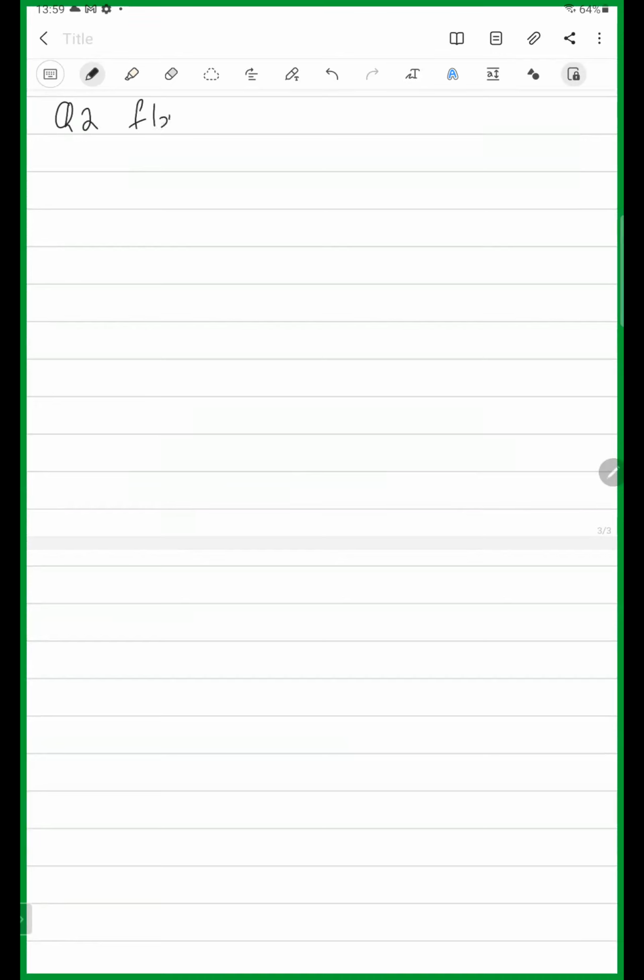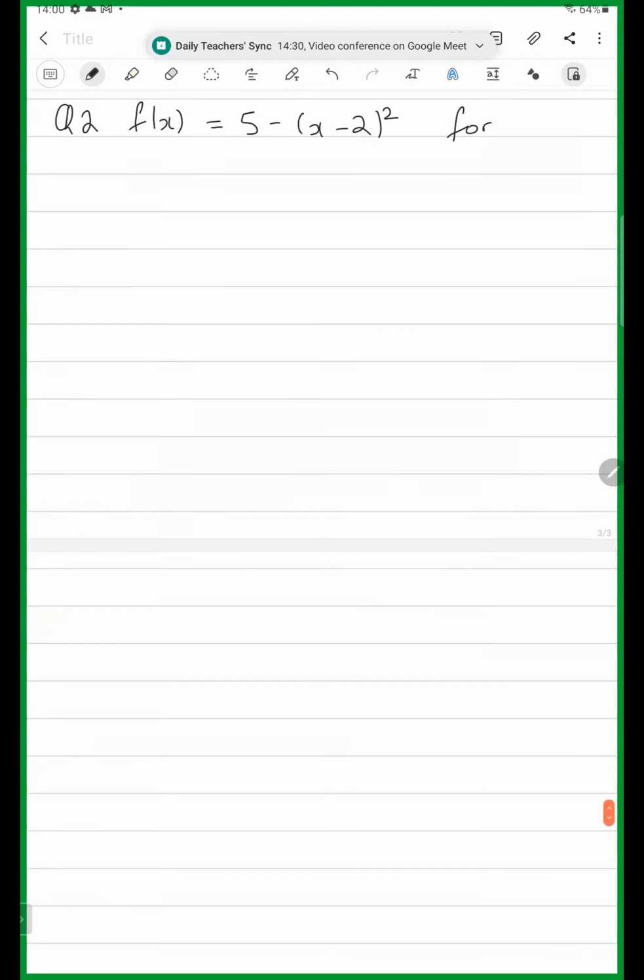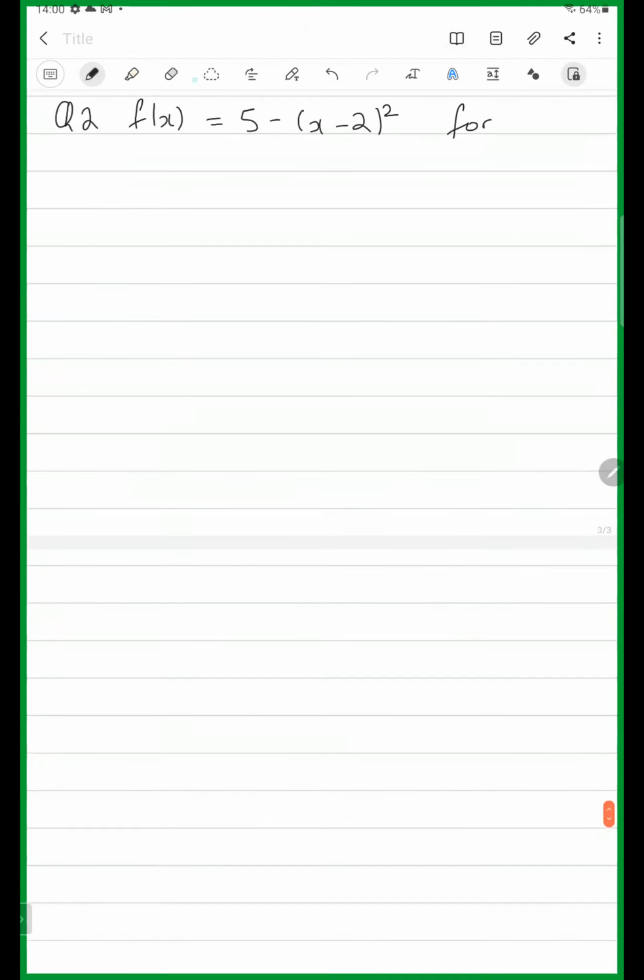It says f of x is equal to 5 minus x minus 2 squared, and then the domain is given, and the domain is that x belongs to the set of real numbers and x is greater than or equal to k and less than or equal to 6. Okay, this is the function.